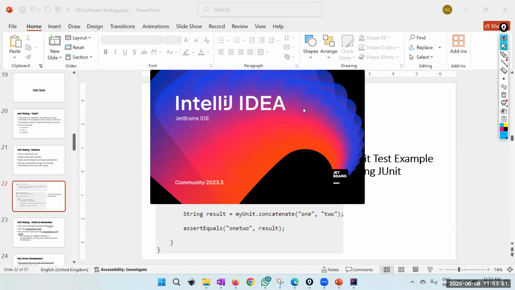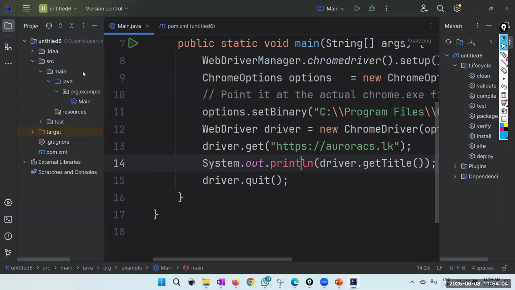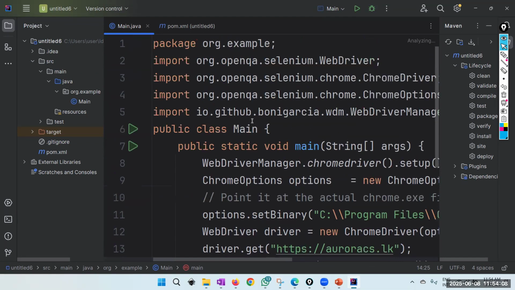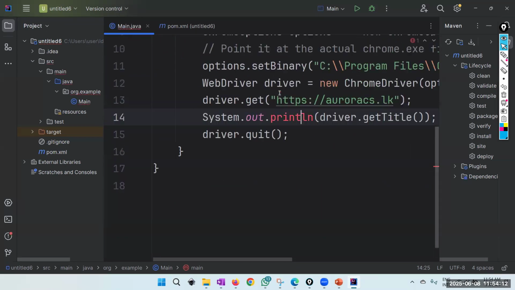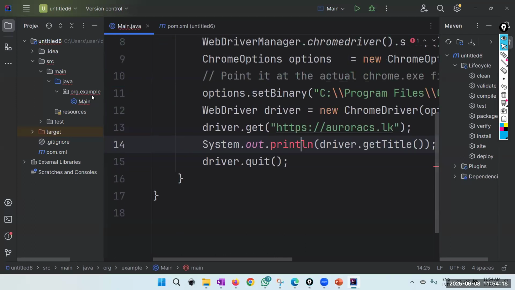Anyway, let's see whether we can, without configuring, write a JUnit or TestNG test. These are for semester 6 students. These are some automation of testing, web testing and so on, like Selenium.